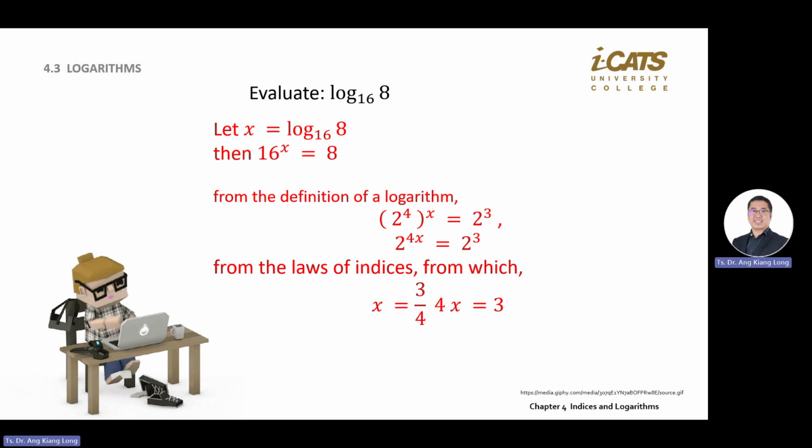Straight away, give me what is x. Is it correct? Sorry, my PowerPoint slides got wrong. The answer is 3/4. Okay. 3/4. Some typo error here.